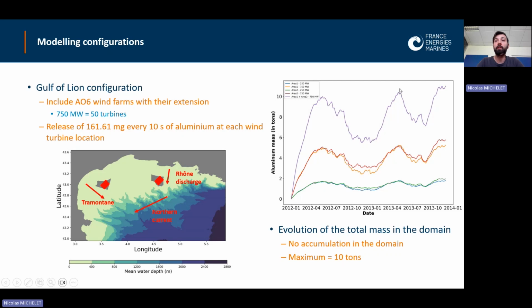And during the spring, we can see a large increase occurring on the second year of the simulation. So this told us that the aluminium mass stays relatively stable across the years. So only a 2-year simulation is okay to understand which concentration could appear in the domain.